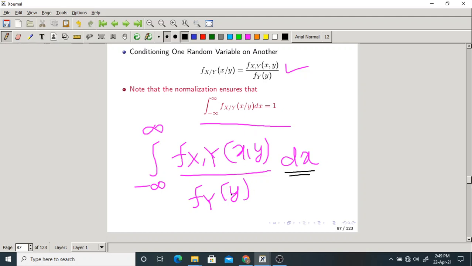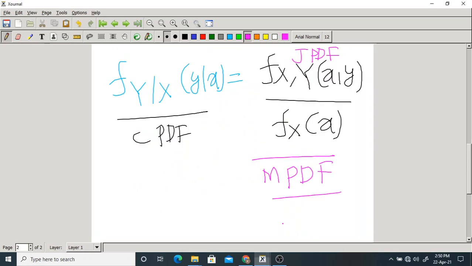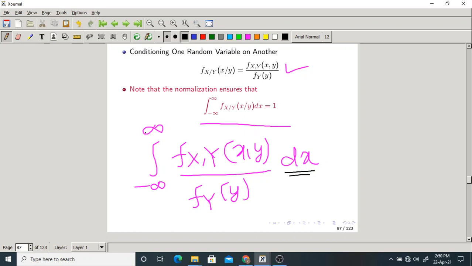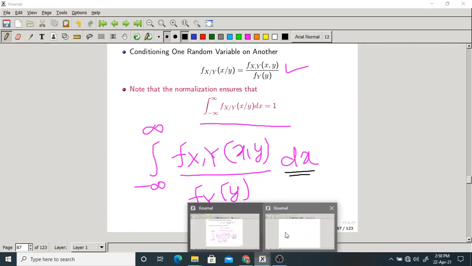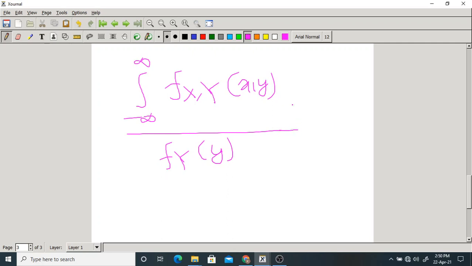Now this y is independent of x, so only the numerator is being integrated. fy of y is independent of the integration dx.